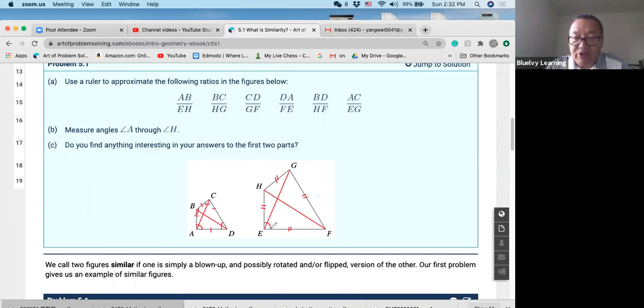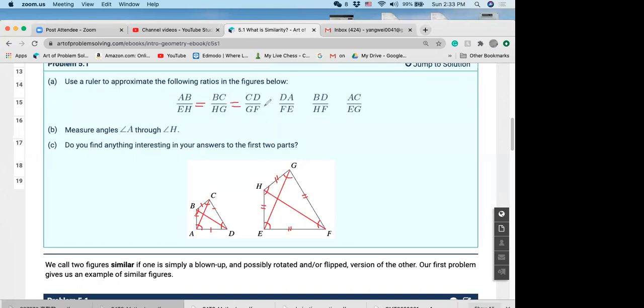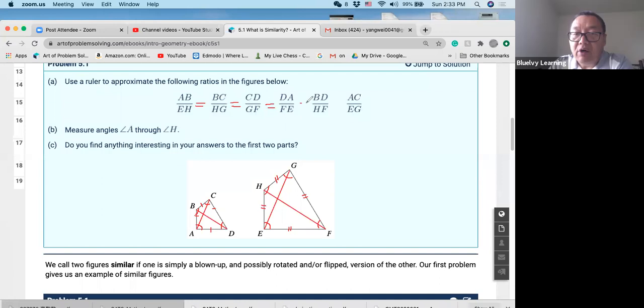Correspondingly, you can measure angle E, angle H, angle G, and angle F. Then you will find all these ratios are equal, and they all equal 1/2. That means the quadrilateral EFGH is bigger than ABCD.